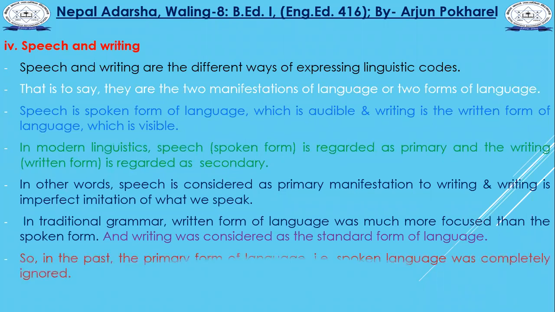In the past, the primary form of language, spoken language, was completely ignored. Language was about producing visual marks on paper at that time. The primary objective of teaching language was to put one's views on paper. That's why spoken language was completely ignored. They focused on written language.